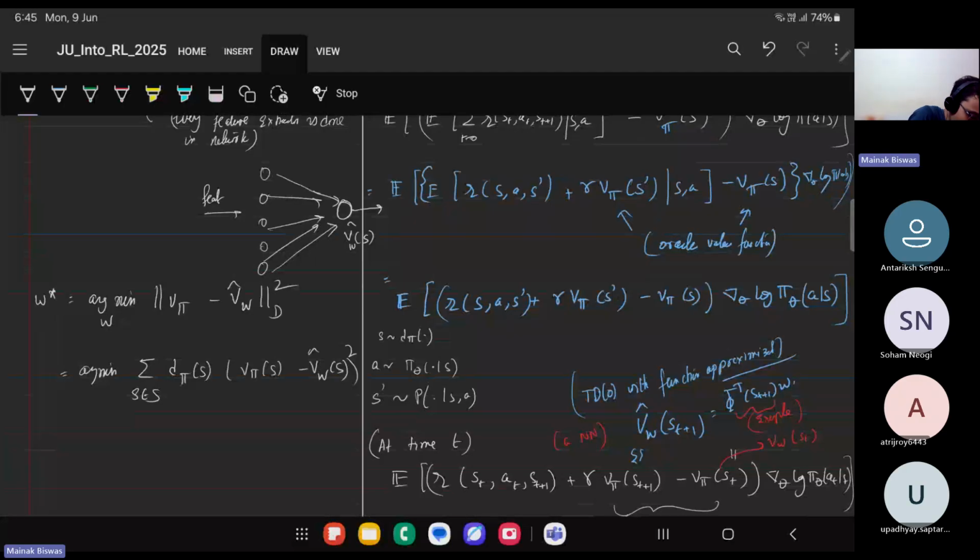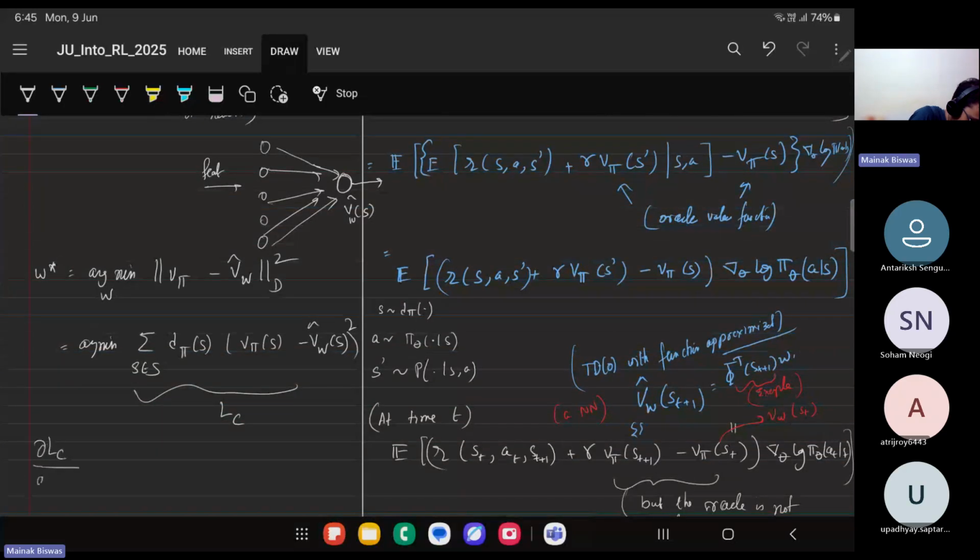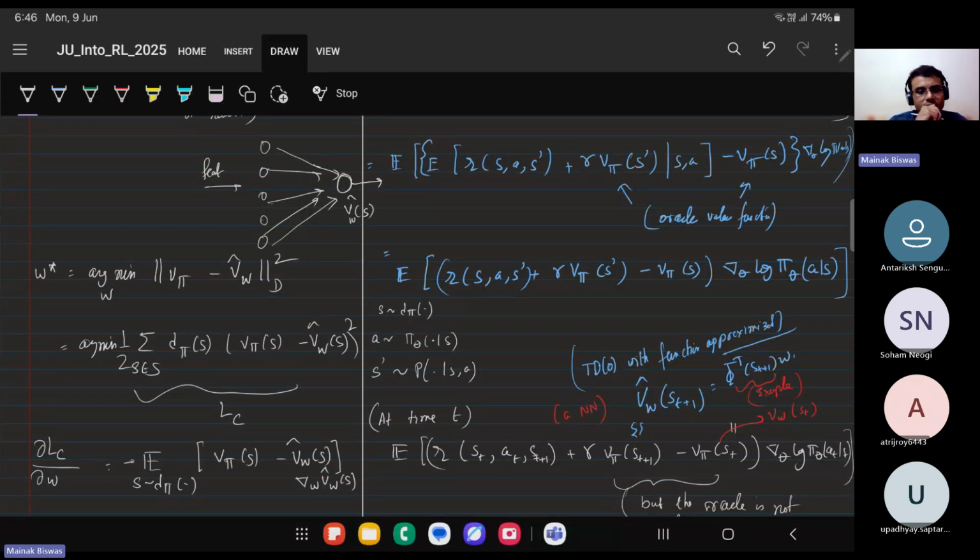Say this is the loss, the critic loss. So dL_C/dw will be just the expected value, S from d pi, can put a half as well, of (V pi of S minus V_w of S) into the gradient of V_w. Yes or no? This is fine. I just took the derivative of this.